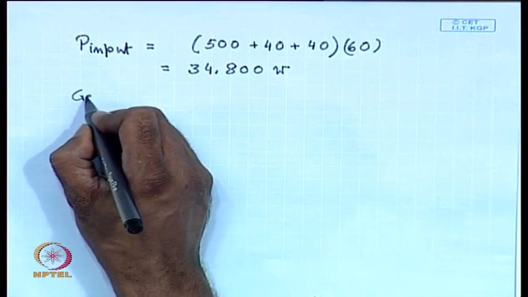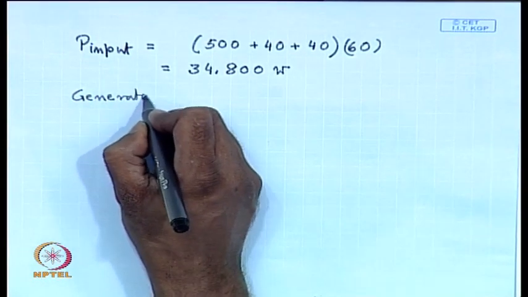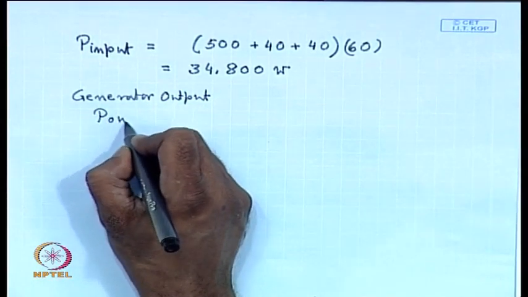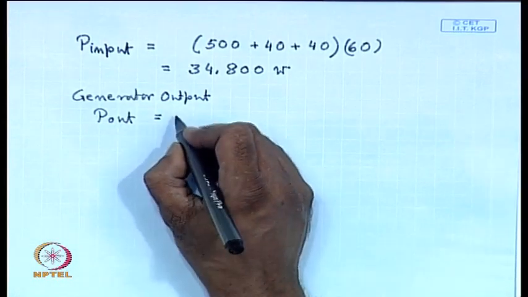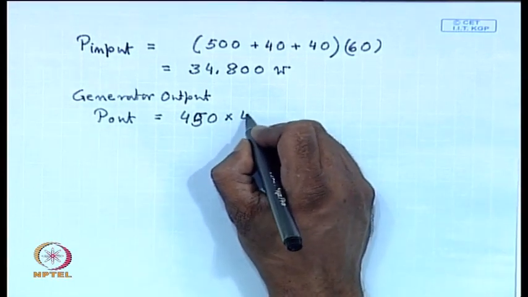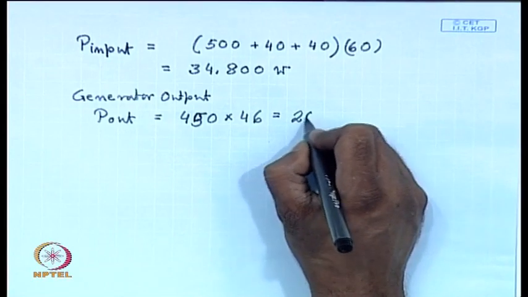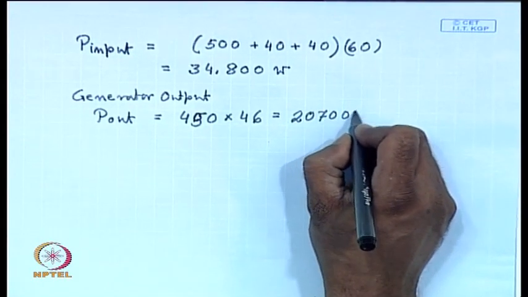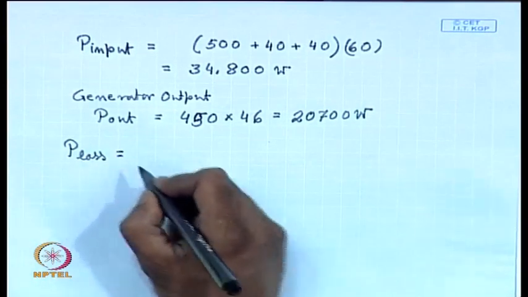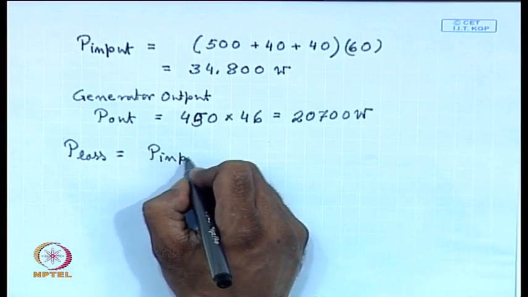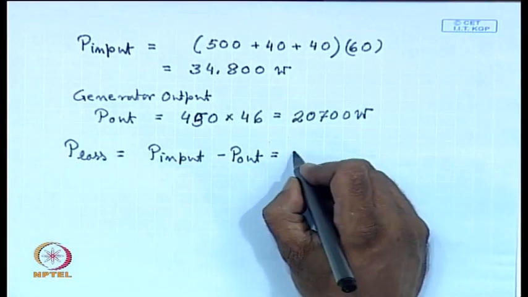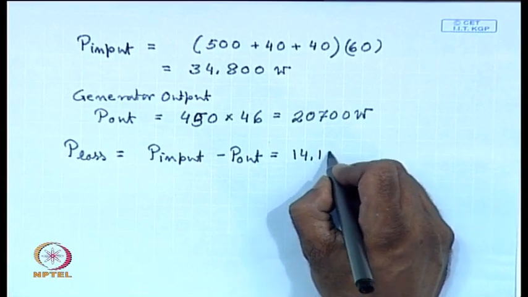Generator output, P out, is generator terminal voltage 450 volt into generator output current 46 amperes. This comes to 20,700 watts. So, P loss equal to P input minus P out comes to 14,100 watts.